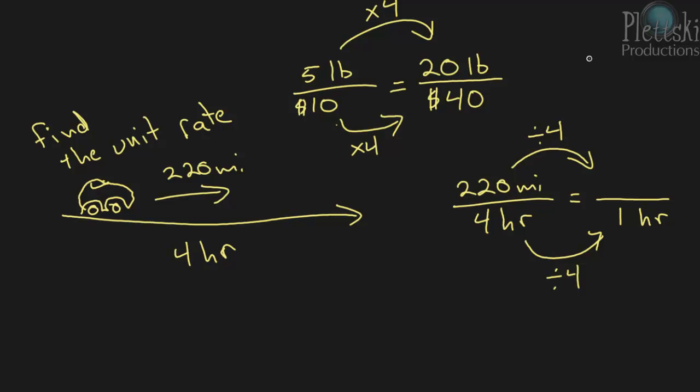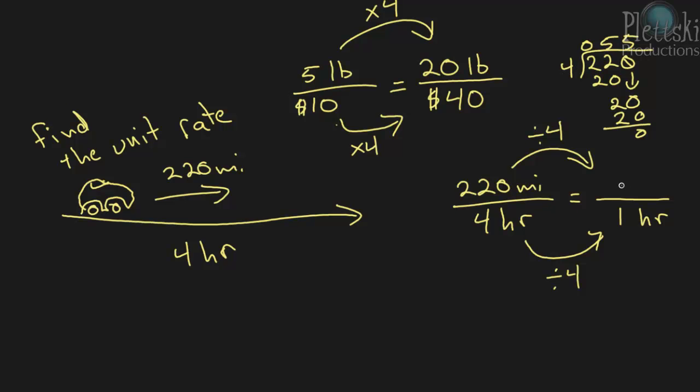So we have 220 divided by 4, which would be, well, 4 goes into 22 5 times. That'll give us 20. 22 minus 20 is 2. Then you bring down the 0, and you have 4 goes into 20 5 times. Okay, so we get 55.